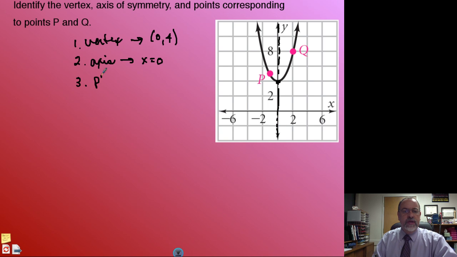Okay, and then P prime, let's see, P here, so right about here, so this looks like over halfway, that's 1, then 2, 4, 5, so that looks like about 1, 5. And then Q prime going this way, right about here, so that's -2, and then up 2, 4, 6, 8, -2, 8, seems to be that.